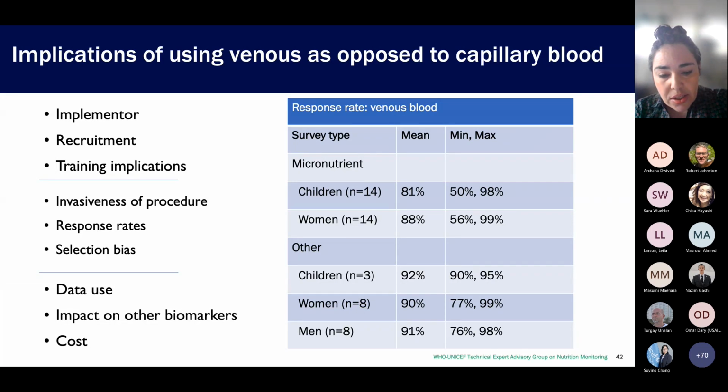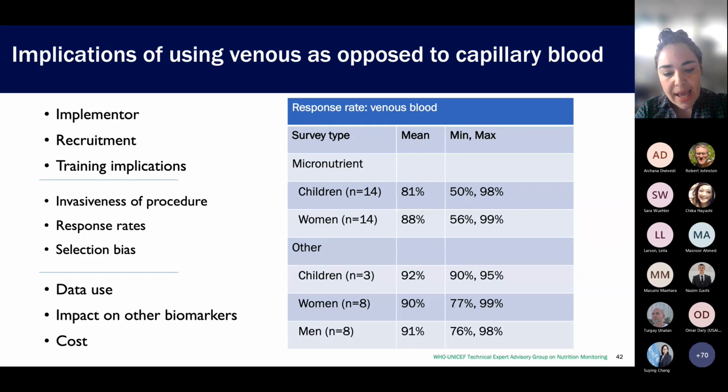Selection bias could occur when measuring venous blood if there are higher refusal rates in urban areas, or based on age, or if parents on behalf of sick children may not want to have venous blood done, and potentially increased failure rate of venous puncture for sick individuals.